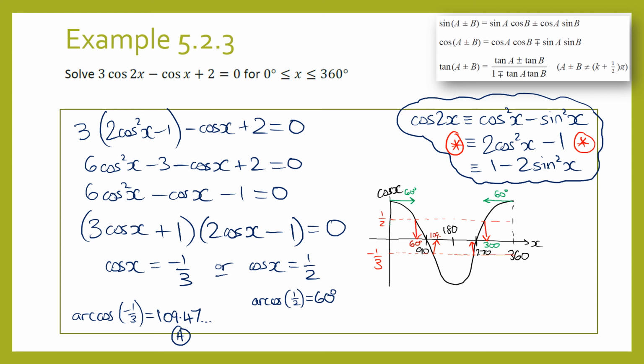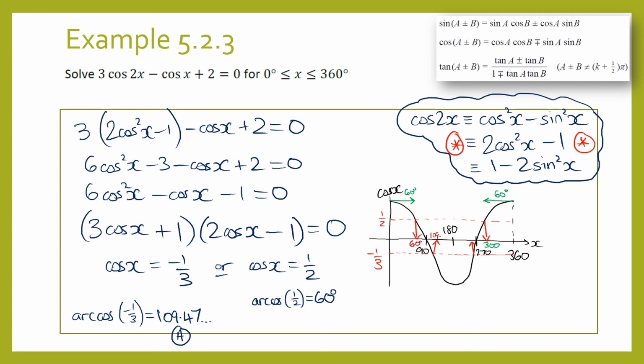And then the values for cos x equaling minus a third, well, we've got 109.47 and so on here. And it's possible to get the other one just by doing, again, 360 take away that value.